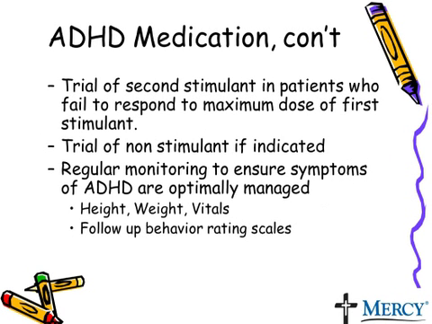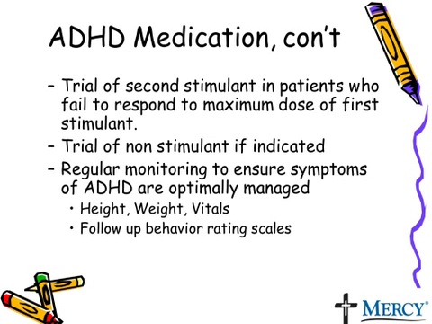If one stimulant has not been effective, we'll often try a second stimulant medication, depending on what the side effects were. If indicated, we may try a non-stimulant. And again, those would be in cases where there were tics or if the stimulant was not tolerated well.